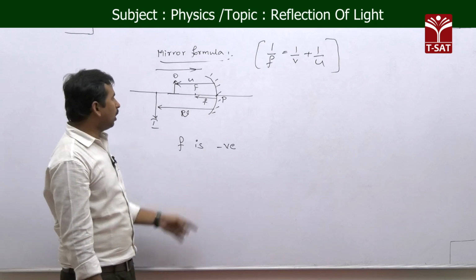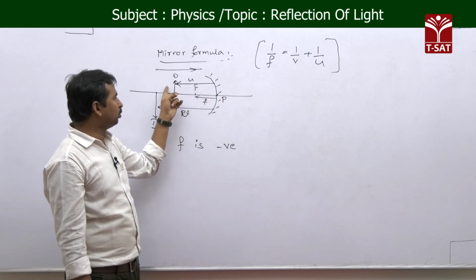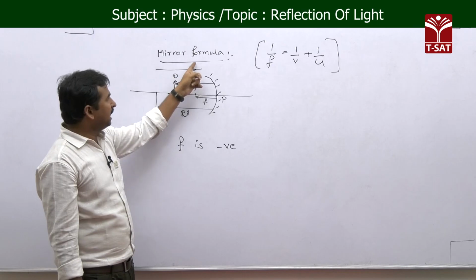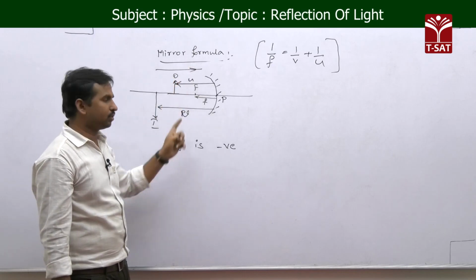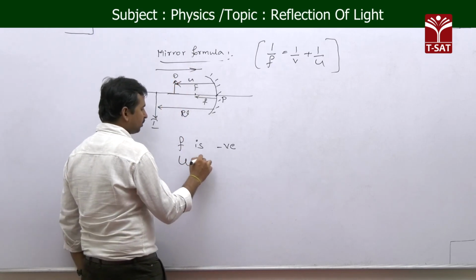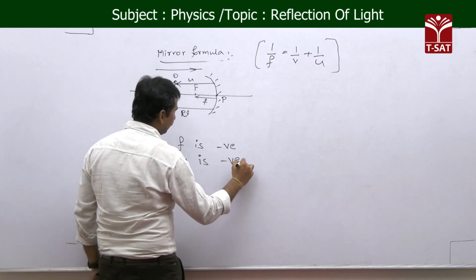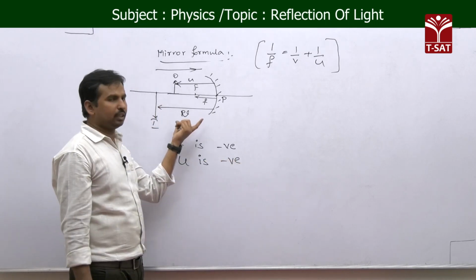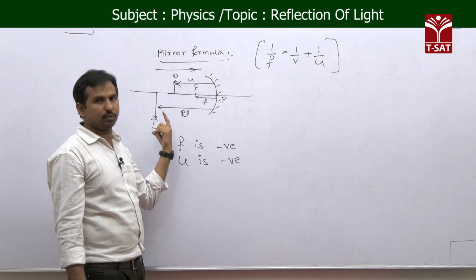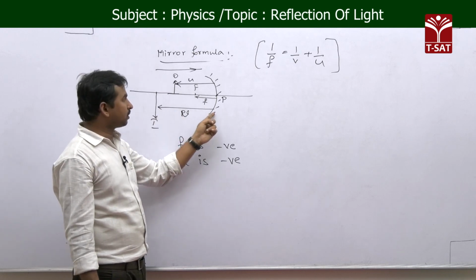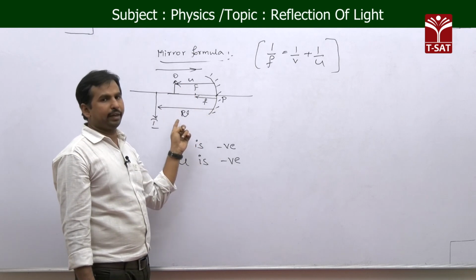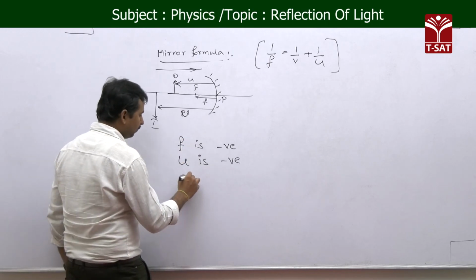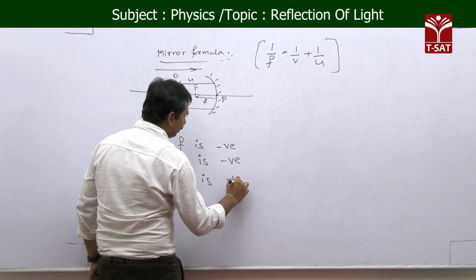Whereas the object distance, from the mirror to the object, we are also measuring opposite to our incident ray. So that's why the object distance u is also negative. In the case of v, the image distance, which is formed on the same side, we are also measuring opposite to the light ray direction. So that's why v is also negative.